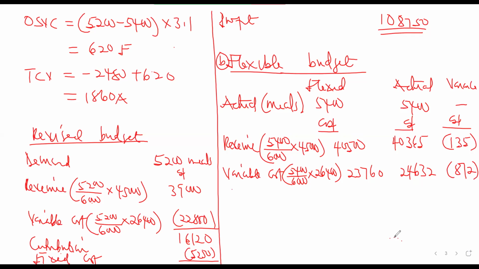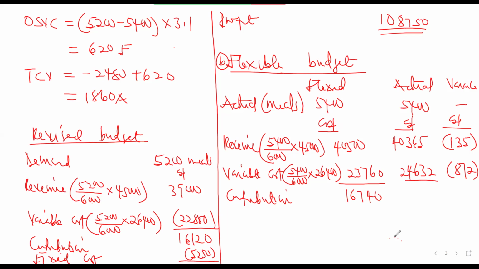You can put it in a bracket. Let's come to our contribution. Since we are doing this for management accounting, we need to show our contribution. What will be our contribution? 40,500 minus 23,760. I'm having 16,740.